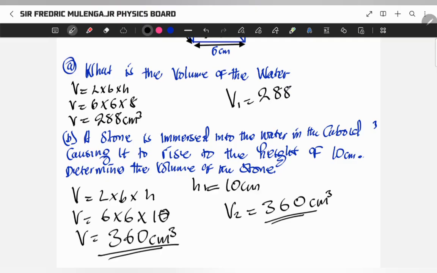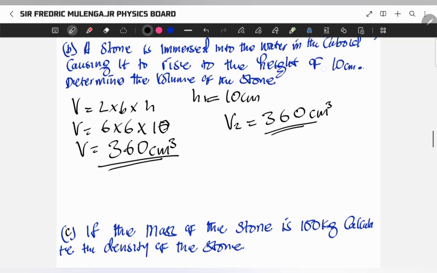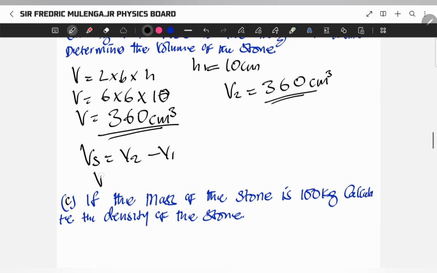So the volume of the stone will be volume 2 minus volume 1. So volume of the stone is 360 minus 288. Then the volume of the stone is just 72 centimeter cubic.